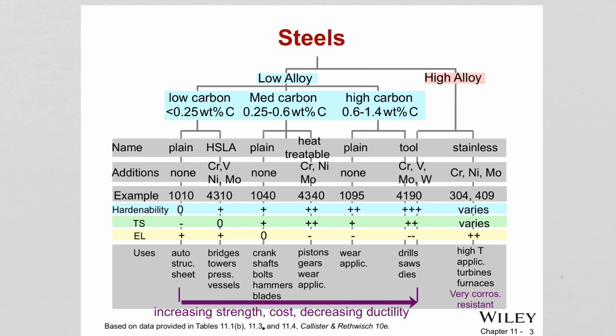Low carbon, medium carbon, and high carbon steels can also be divided into different categories, and these will be plain. Plain means plain carbon steels, they only contain residual concentrations of impurities other than carbon.